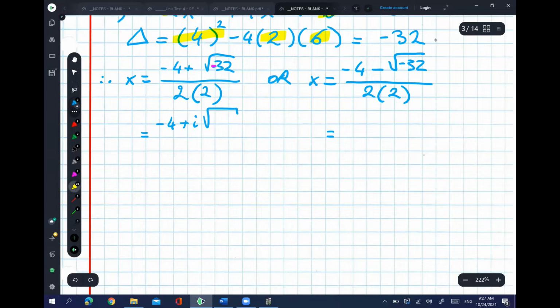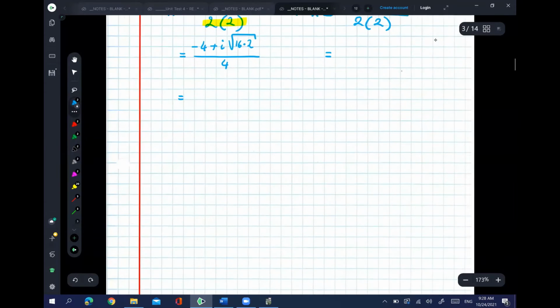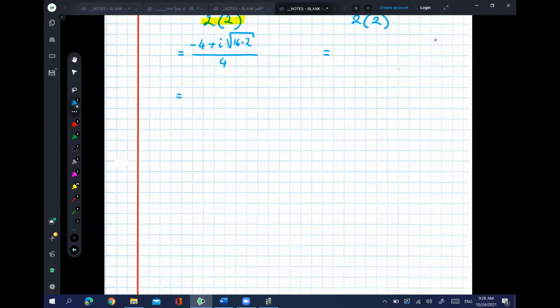Now let me write 32 as 16 times 2. Now 2 times 2 is just 4. And I would have negative 4 plus i times the square root of 16, which is 4.